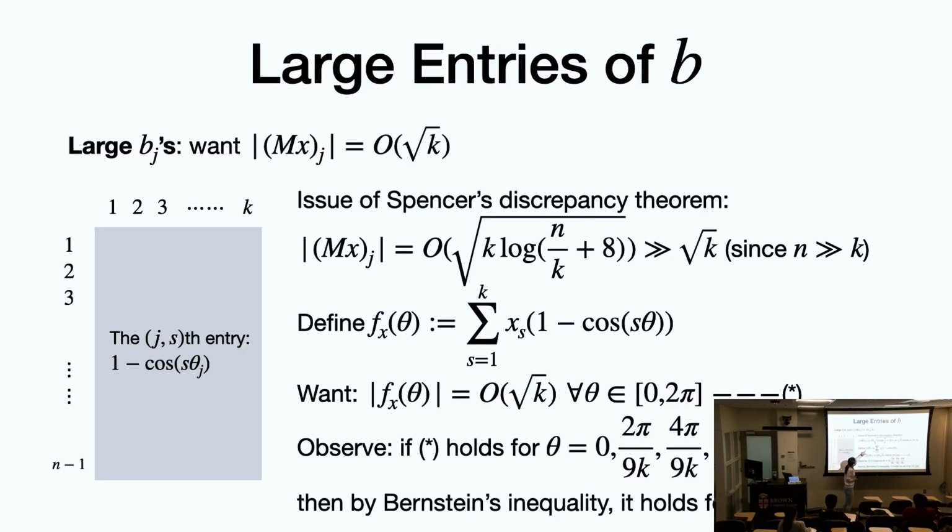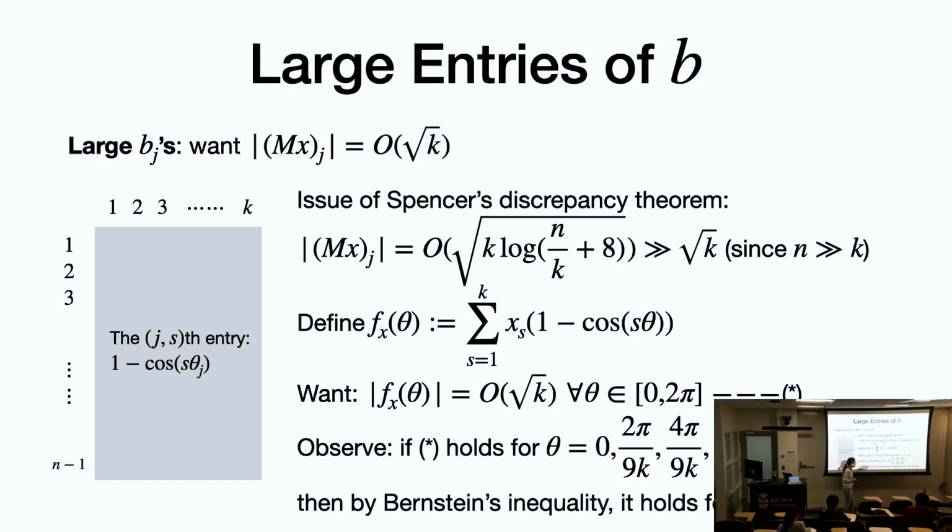So here we look at this function f_x of theta, which is the sum of x_s times 1 minus cosine s theta over s, from 1 to k. It turns out this function does not fluctuate too much if k is small. And we only need to look at about 9k evenly spaced numbers for theta from 0 to 2 pi.